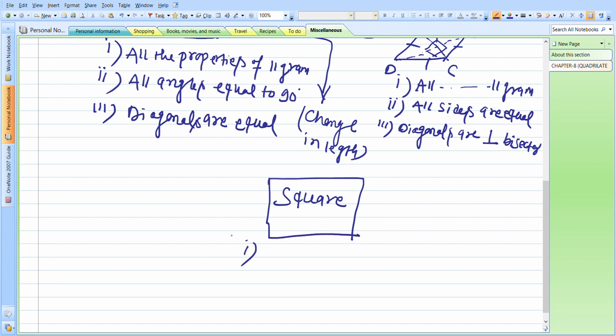Because it comes from the rectangle, you can define all the properties of the rectangle. First, the properties of the rectangle. Then the additional property, which is not in rectangles: all sides are equal.